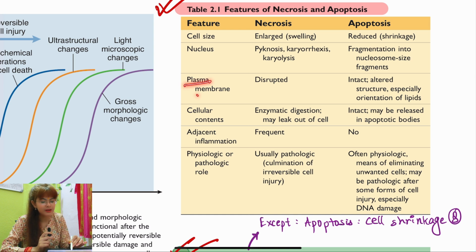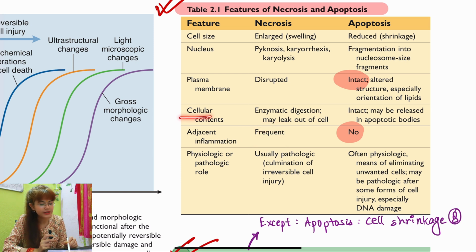Next is the plasma membrane. It is getting disrupted in case of necrosis, but it is intact in case of apoptosis. I just can't stress any more on the importance of this. Please understand, the plasma membrane is intact, and therefore we can say that there is no inflammation. Very important, there is no inflammation in apoptosis, and the plasma membrane is absolutely intact in apoptosis, whereas the plasma membrane is disrupted in necrosis, and there is frequent adjacent inflammation in necrosis.